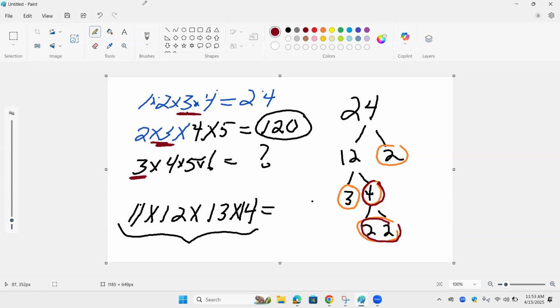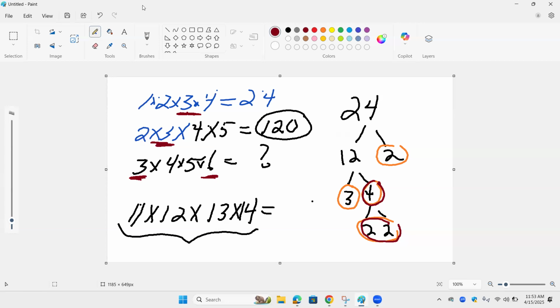That's a multiple of three. You're always gonna capture one multiple of three whenever you have four consecutive numbers.